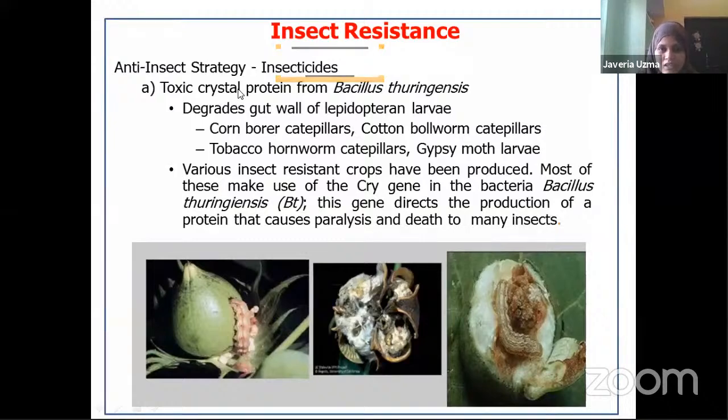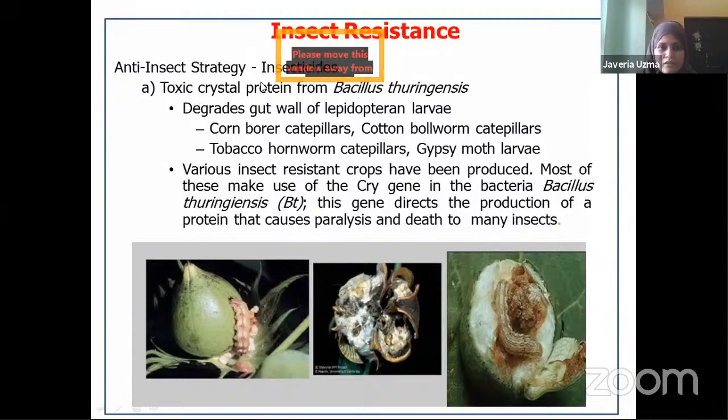When you introduce this bacterial gene into the cotton plant, it will undergo transcription and translation to synthesize a protein known as crystal protein. We are not introducing the cry protein, but we are introducing the cry gene. From that cry gene, you will get a protein known as cry protein, crystal protein. This crystal protein is toxic to insects.